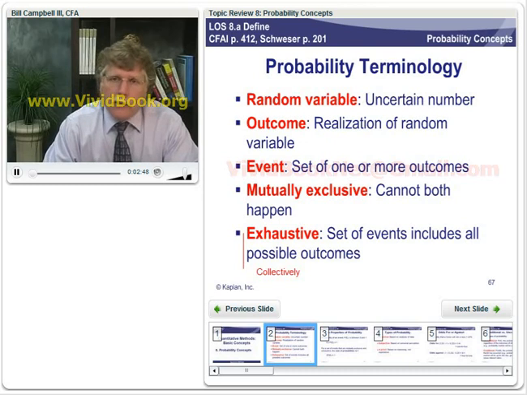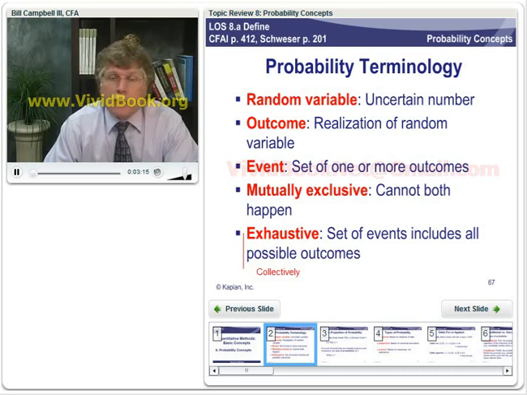But remember that it's possible for events to be mutually exclusive and not exhaustive. For example, when you roll a die, getting a 6 and getting a 4, those 2 events are mutually exclusive, but they're not exhaustive. There are 4 other possibilities, a 1, a 2, a 3, and a 5. And if they're exhaustive, it doesn't mean they're mutually exclusive.